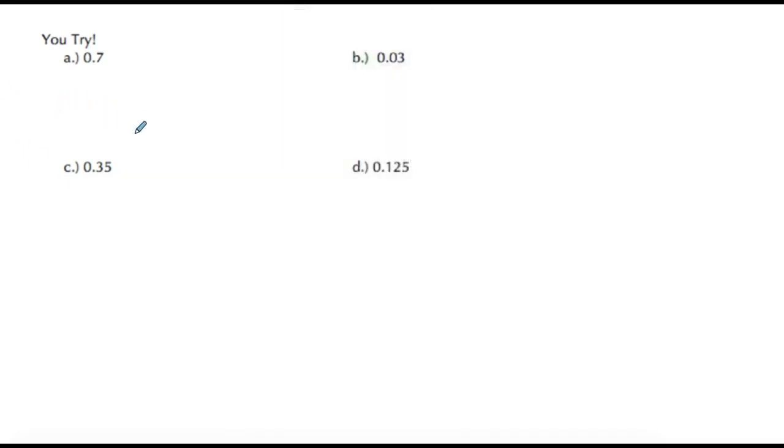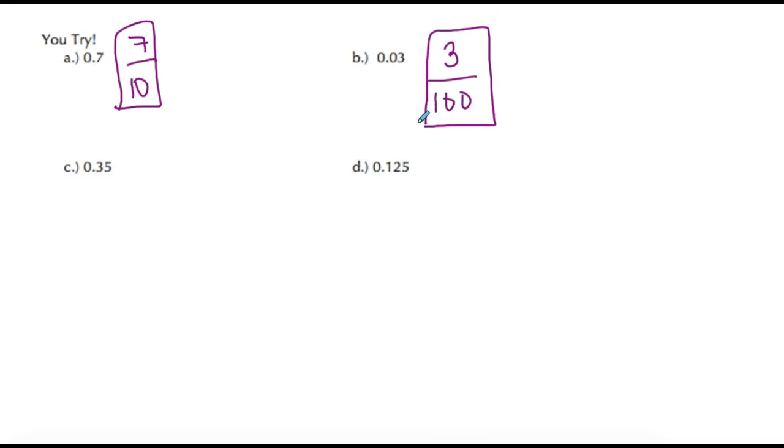Okay, so hopefully you tried, and let's go through them somewhat quickly because hopefully we're just checking your answers. So 0.7 is also said 7/10. And because you cannot reduce, this is your final answer. This is said 3/100, tenths, hundredths. So I'm going to take 3 over 100, and again I can't reduce, so that's it.